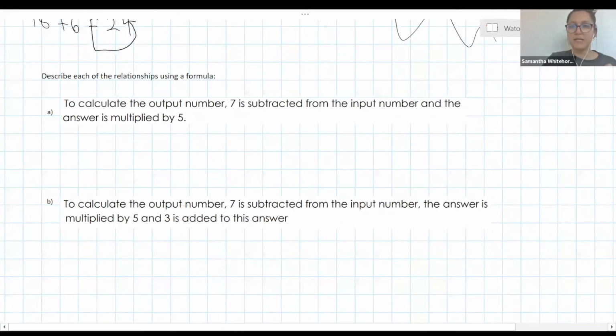And I've said many times that two of the most important ways for us to describe or work with relationships are through formulas and through graphs. And these are going to become more and more important as you move up in maths. Graphs or functions is going to be a very, very important section that you need to be comfortable with. And so being able to understand these basics and understand these relationships is very important.